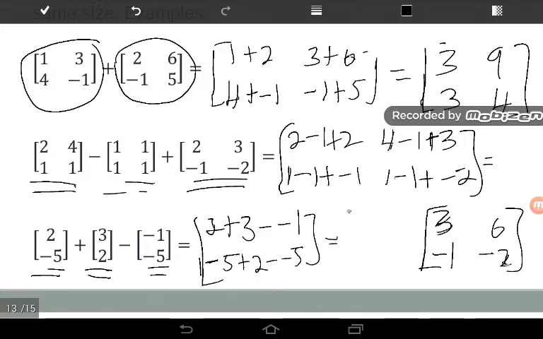So the answer is 2 plus 3 is 5, 5 minus negative 1 is 6. Then negative 5 plus 2 minus negative 5 is 2. So this one is addition and subtraction of 3 matrices.